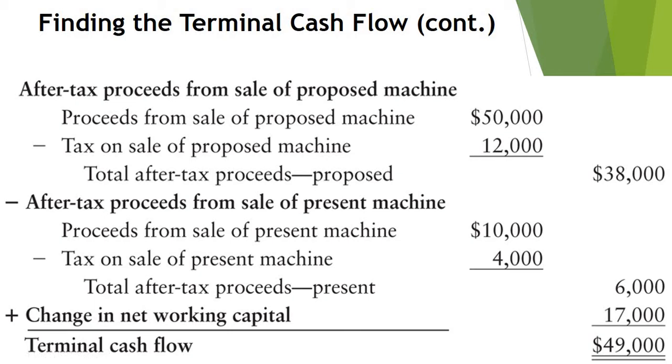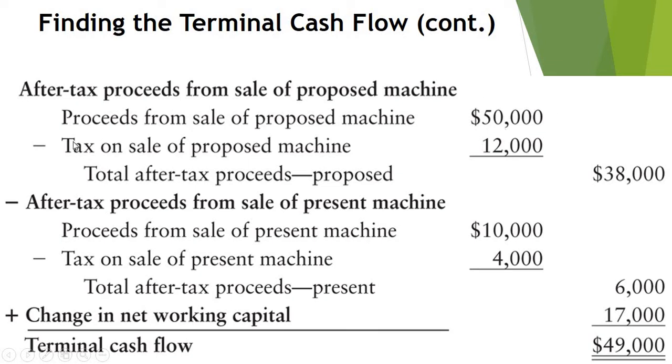Its accumulated depreciation was $20,000, and the book value was $30,000. Then we have to calculate the tax on the gain. Once again, proceeds from sale of the new machine is $50,000. That means the selling price of its new machine is $50,000.